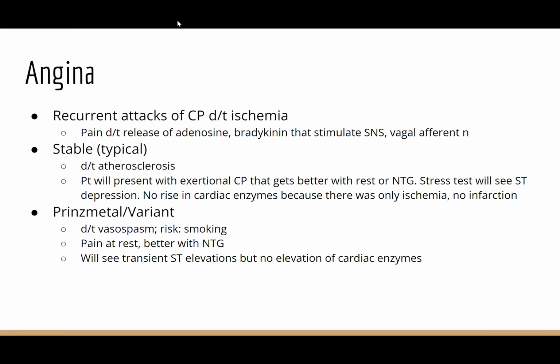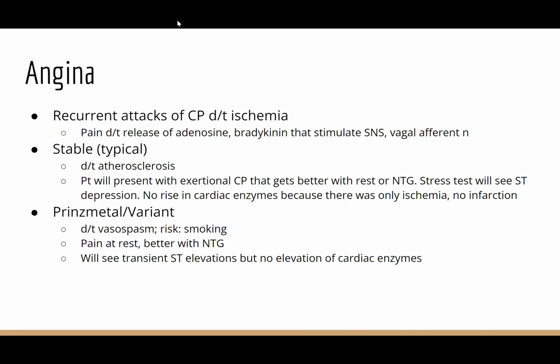Principal or variant angina, this is due to vasospasm. So the risk factor here is smoking. So this is pain at rest. So a typical presentation is a person that wakes up in the middle of the night with this chest pain. So awoken from sleep with chest pain. So remember, this is at rest. So this is just a vasospasm. And the vasospasm, of course, is going to cause the ischemia because you're not getting as much blood flow.